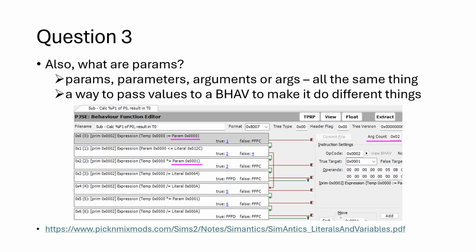What parameters allow us to do is calculate x% of value y, and we can pass x and y into the BHAV. It then mashes those numbers, produces a result, and we use that answer. So it's a way of passing different values to a BHAV to make it operate on different data. It's not really to do different things.